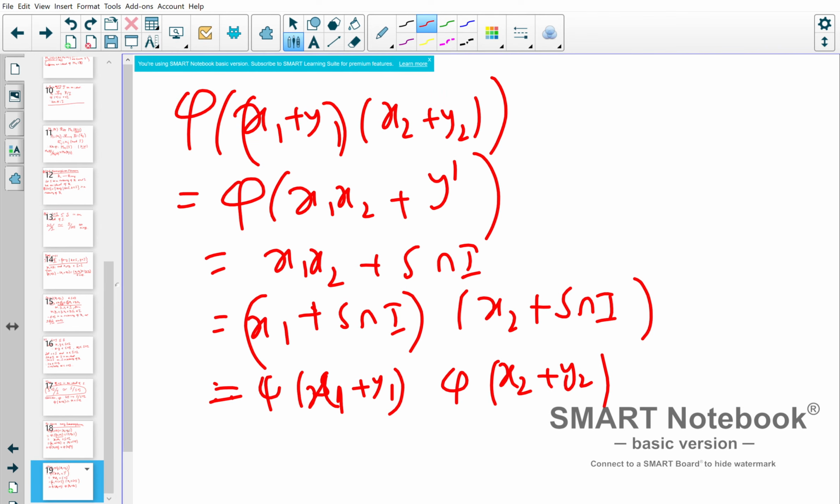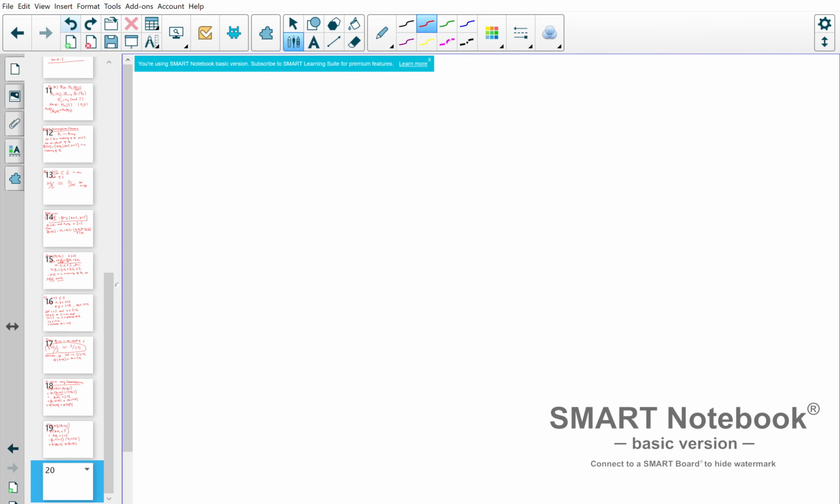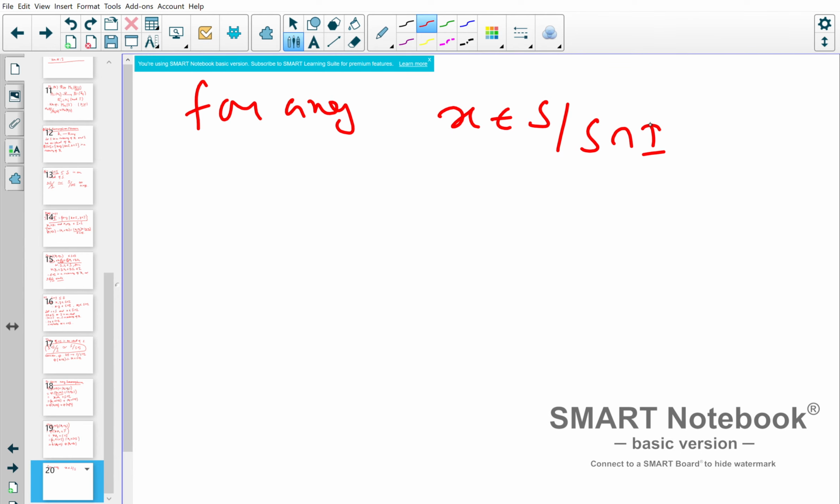So for any x belonging to S mod this, x is also an element of x plus I, right? Because 0 is inside the ideal, because x equals x plus 0 equals x, right? And what does that mean?